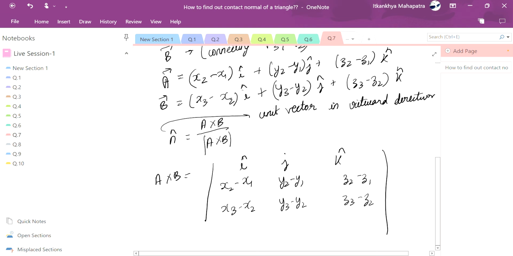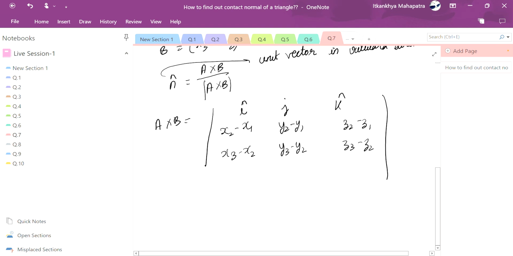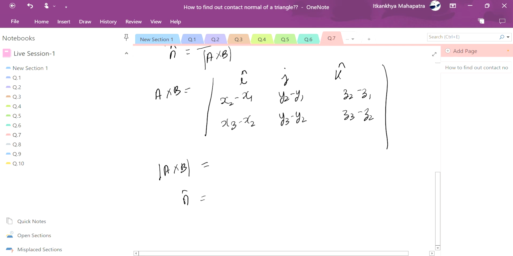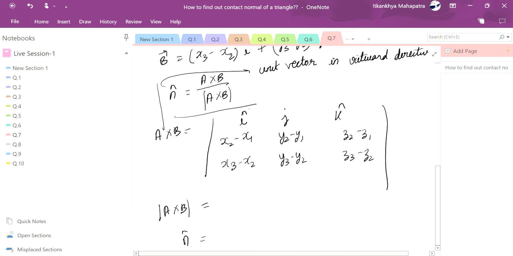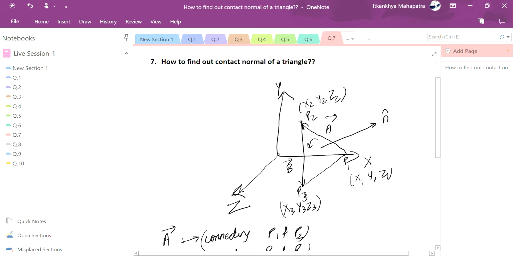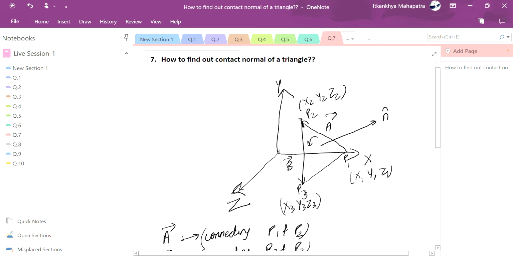Subsequently you can also find the magnitude, and by solving further you will get the n cap. So whatever the vertices in the question, you will be given the vertices of the triangle x1 y1 z1, x2 y2 z2, and x3 y3 z3. According to that, you will find the contact normal of the triangle. This is the complete procedure.